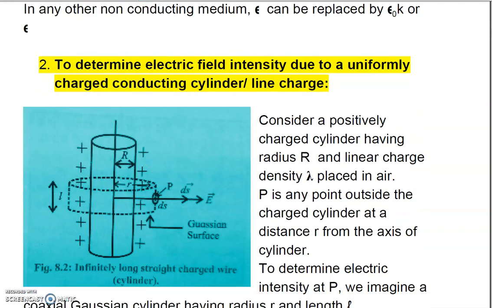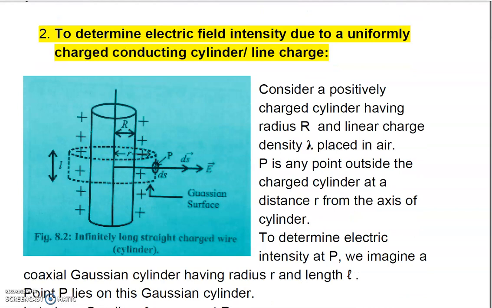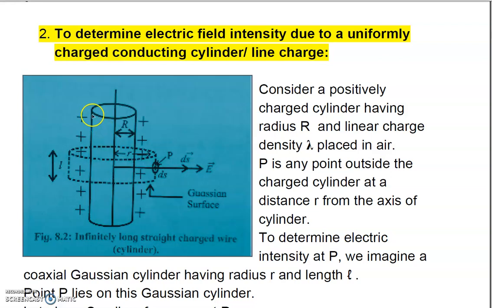Now the second application is to determine the electric field intensity due to a uniformly charged conducting cylinder, or I would say a line charge. If I have a diagram like this, I have a charged conducting cylindrical surface, an open cylinder or it can even be a closed cylinder, and it is given a positive charge. The positive charge will be distributed along its length.